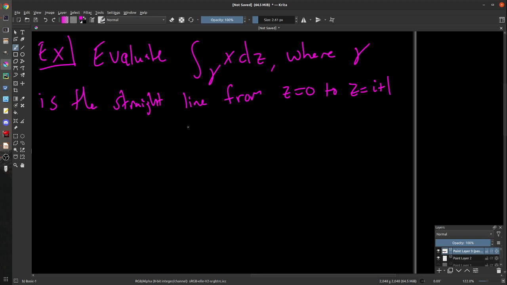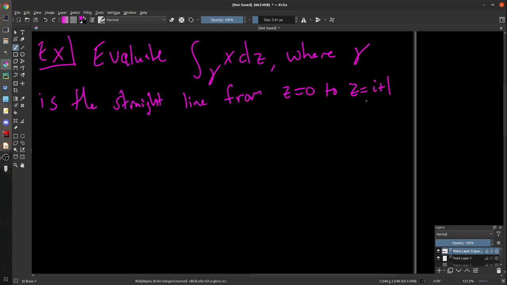All right. And if you want to go do this, the thing that I'm trying to say with the reparameterization piece is just that when we say where gamma is the straight line from here to here, it belies the fact that there are actually very many different straight lines in terms of a parameterized curve, because you could travel that line at very many different speeds, right?